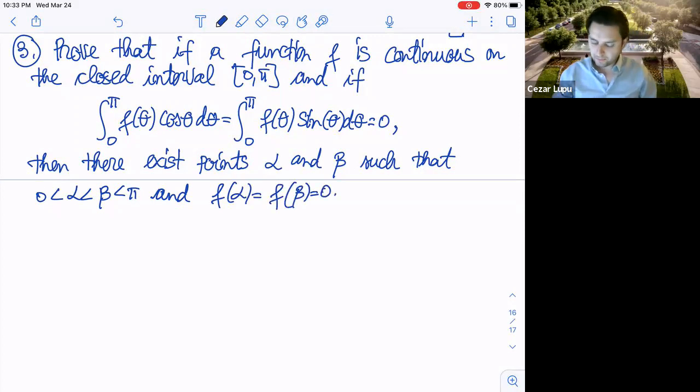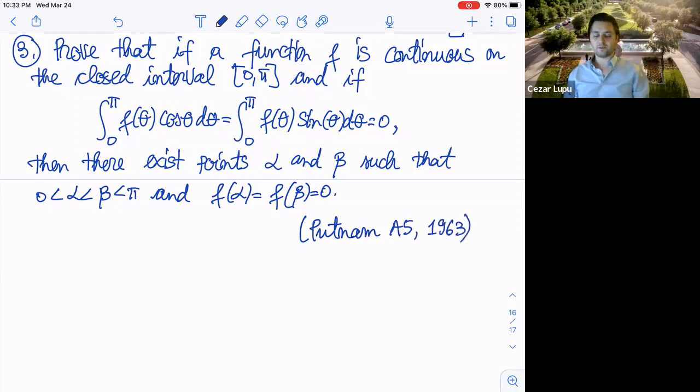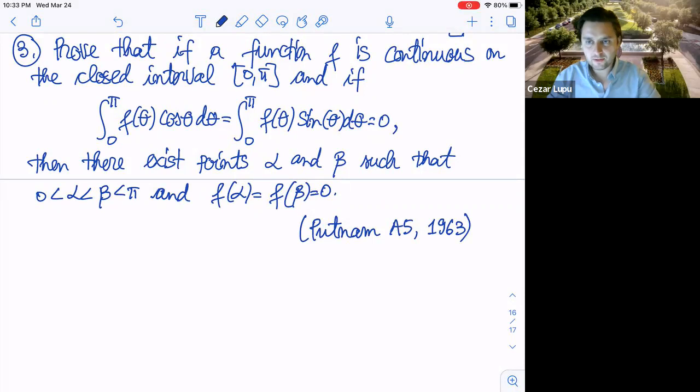Well, this was a Putnam, a difficult Putnam problem. This was a Putnam A5, a long time ago, let's say 1963. That's the statement. As you can look at the statement, it kind of tells you maybe there is an application of the mean value theorem for integrals.